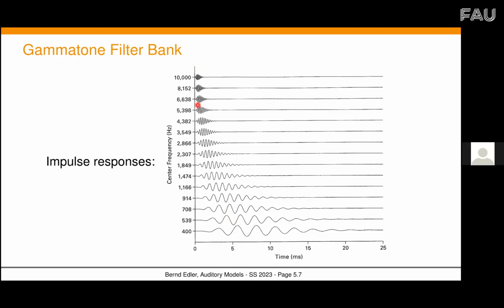And if you have a high bandwidth, and at high frequencies we want to have high bandwidth according to that ERB, there the impulse responses are very short. Of course, they're all infinitely long because they're all IIR filters, but they decay much faster here than here.